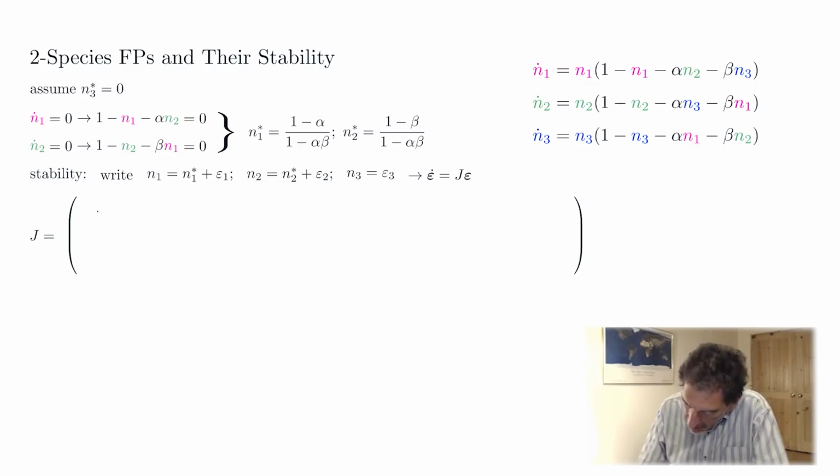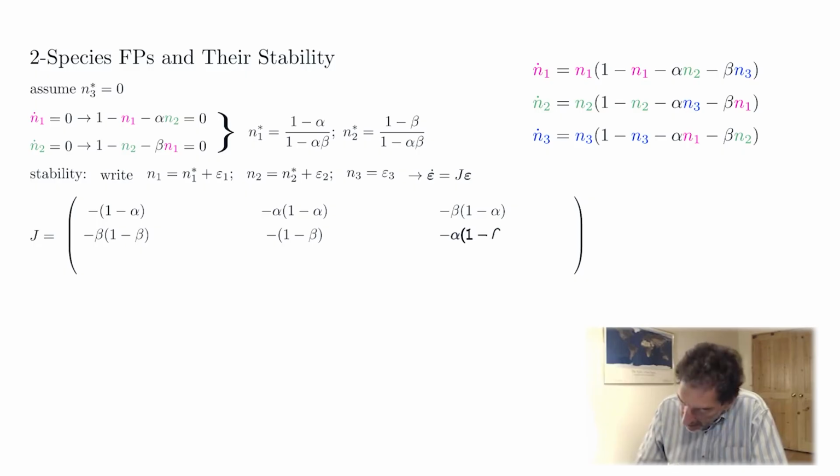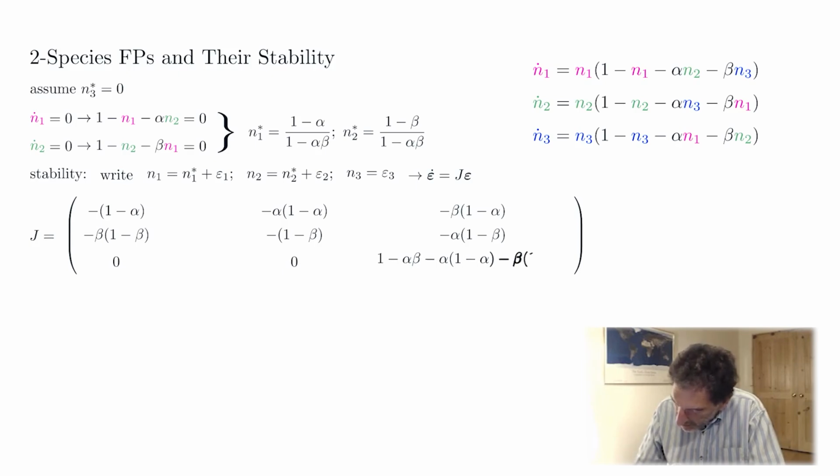It's equal to the matrix with rows: minus (1 minus alpha), (1 minus alpha), minus beta (1 minus alpha); minus beta (1 minus beta), minus (1 minus beta), minus alpha (1 minus beta); 0, 0, (1 minus alpha minus beta), (1 minus beta), and then all divided by 1 minus alpha beta.